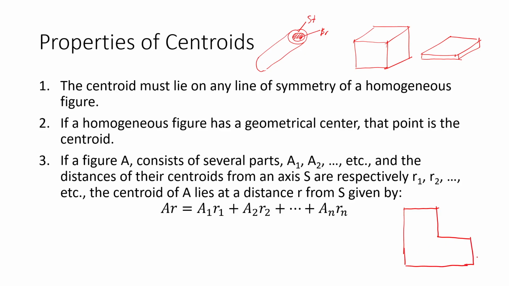You can still solve for the centroid by making it into different parts. Let's say this one is the first area, and this one is the second area. You're going to get the centroid of the first area with respect to the x-axis first, then add up the centroid of the second area as well.